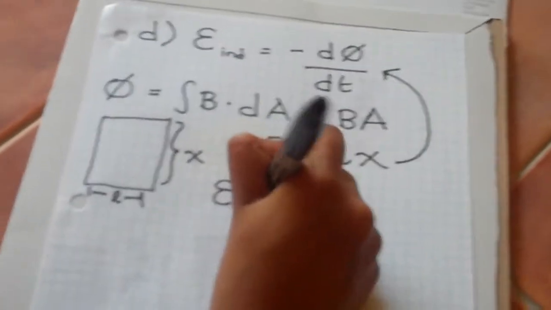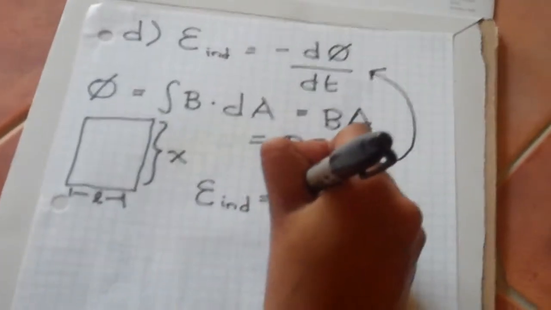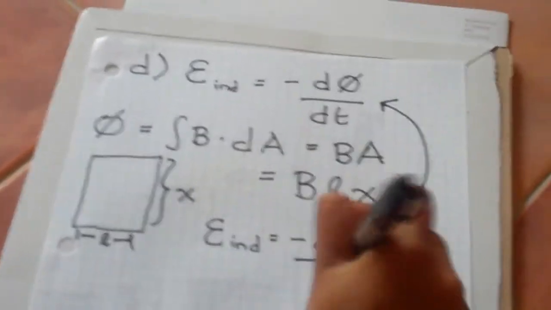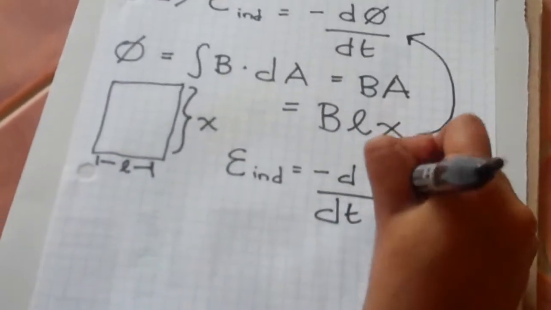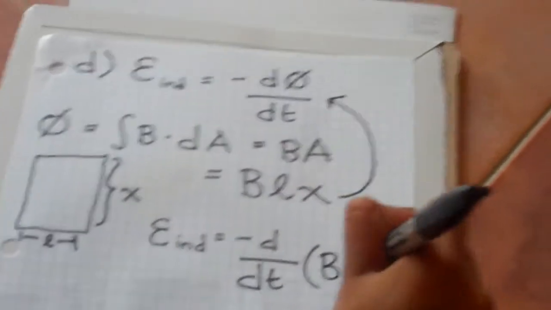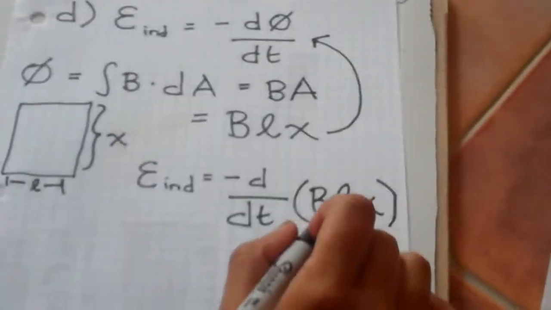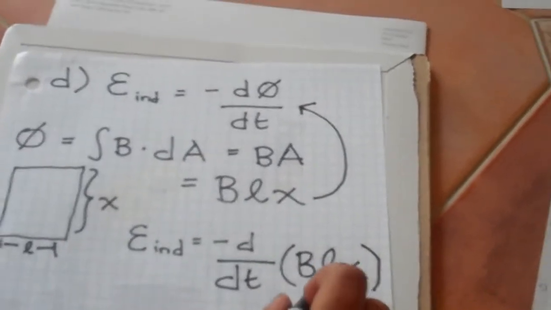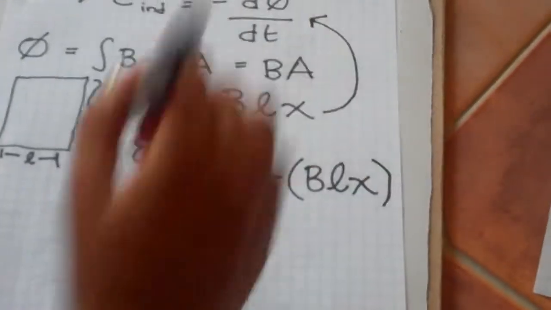So E induced equals negative d over dt of BLX. Now B and L are not going to be changing over time, so we can take that out of the way when we are taking the derivative.